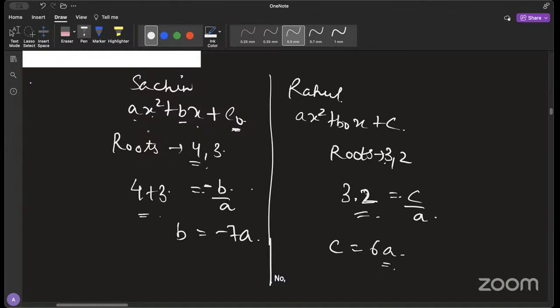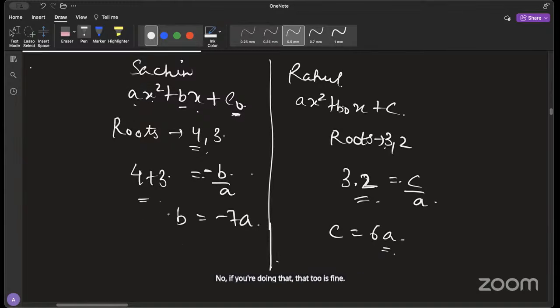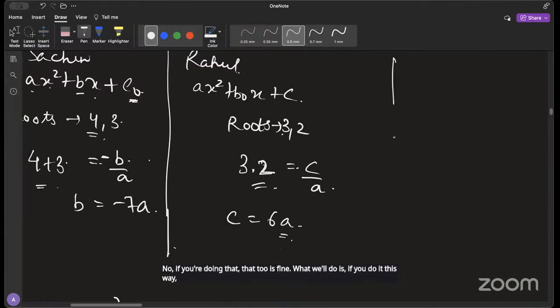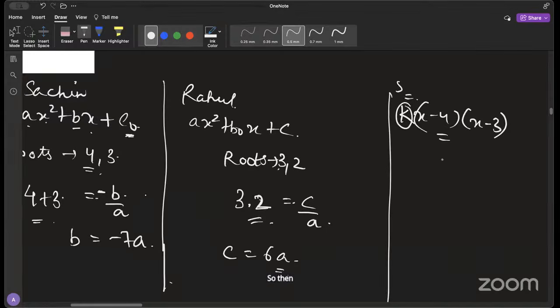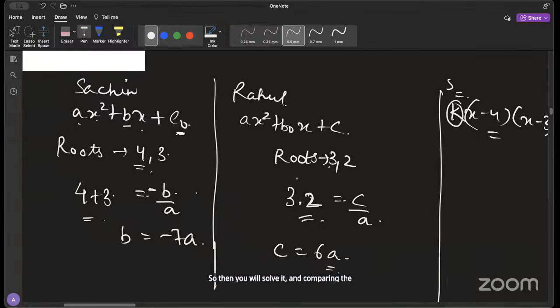No, if you're doing that, that too is fine. What you'll do is, if you do it this way, you'll have x minus 4 and x minus 3, but the catch here is that you'll have to put a constant there, because for such an equation you'll have this, right? And this constant is not known yet. So you will solve it by comparing the coefficients.